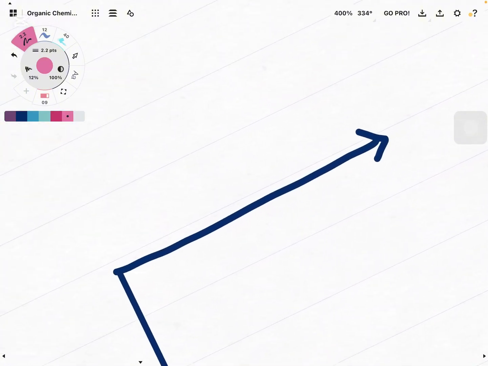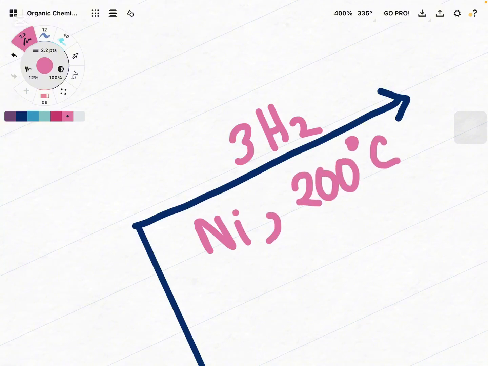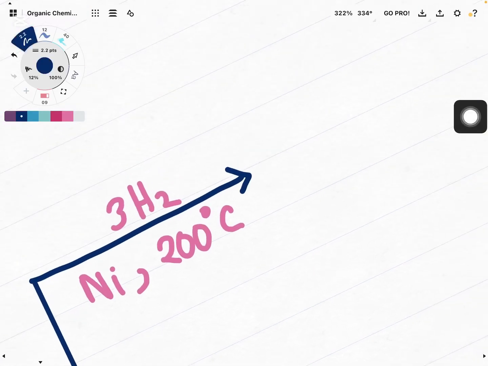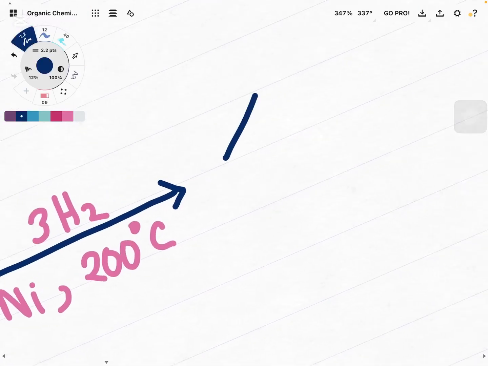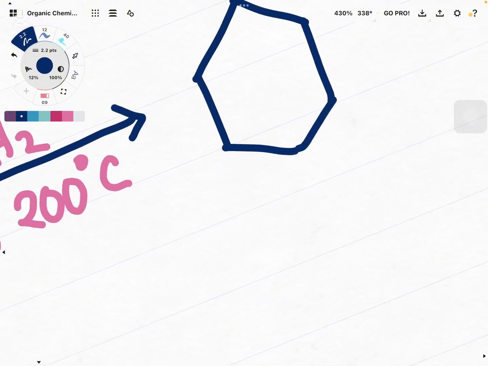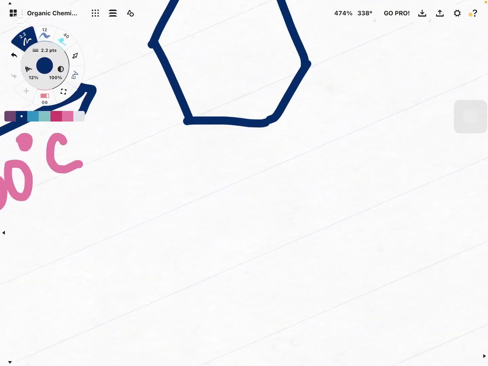To do this, we will take help of 3 hydrogen and nickel with 200 degrees Celsius temperature. So now that we have this, we will get our cyclohexane. There will be no ring inside the hexagon. It is our cyclohexane.